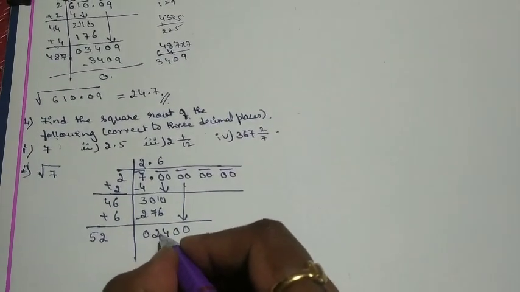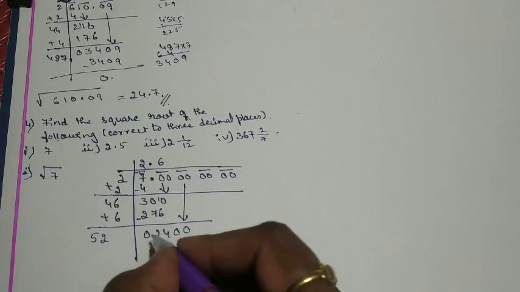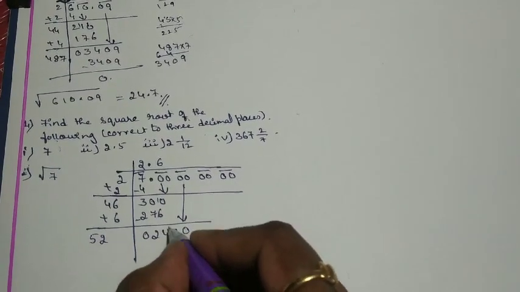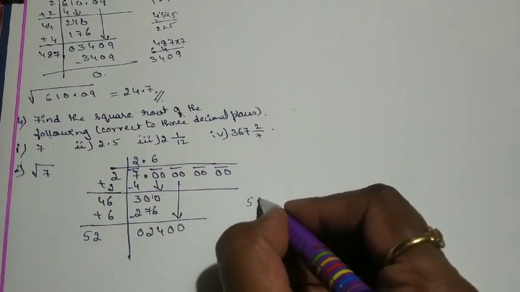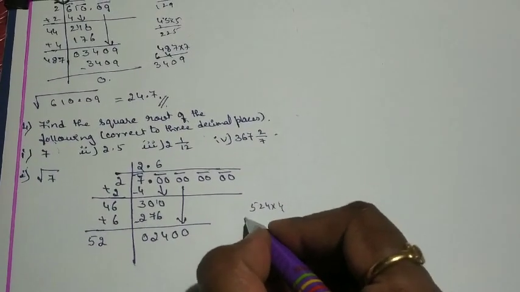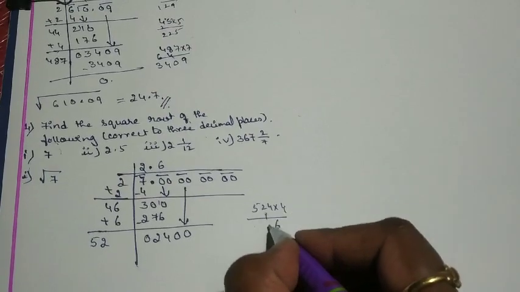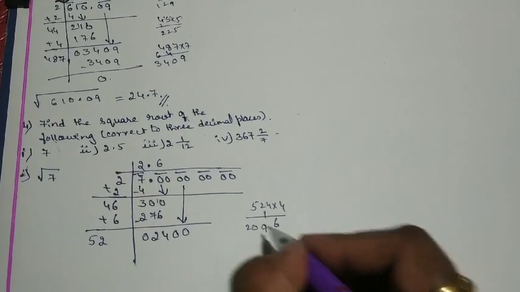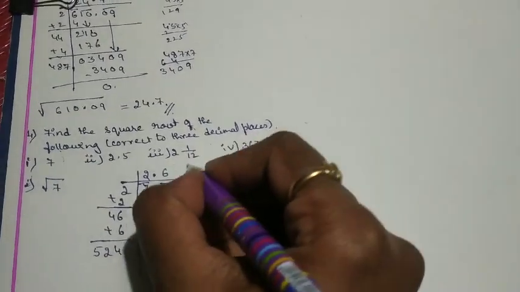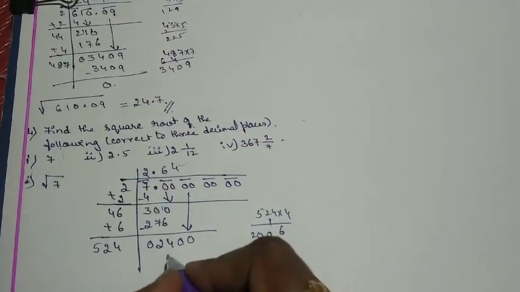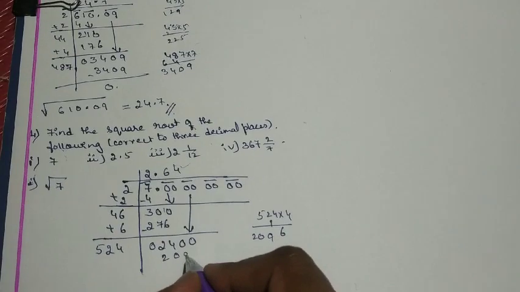It stands as 24. So if I go with 5, 5 5 is 25, means greater than 24. So I'll check with the 4. 524 into 4. 4 4 16. 4 2s 8, 9. 4 5 20. Hope this is nearer to 2400. So 4 times is 2096.